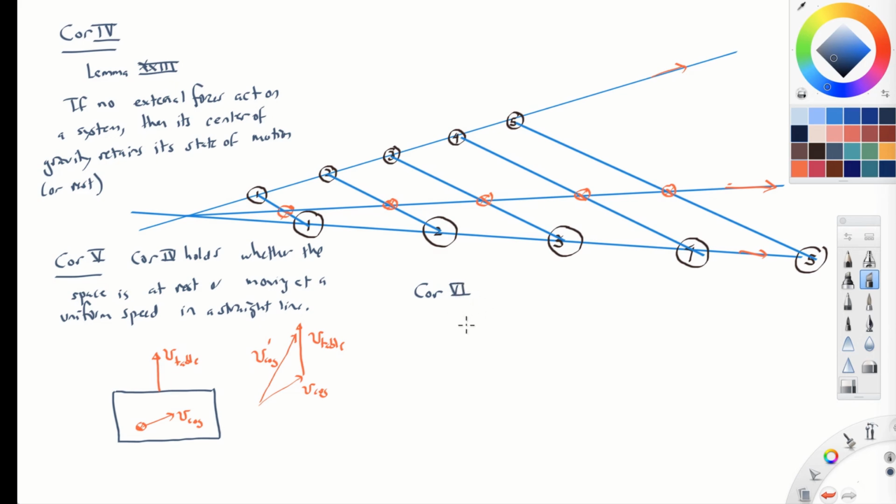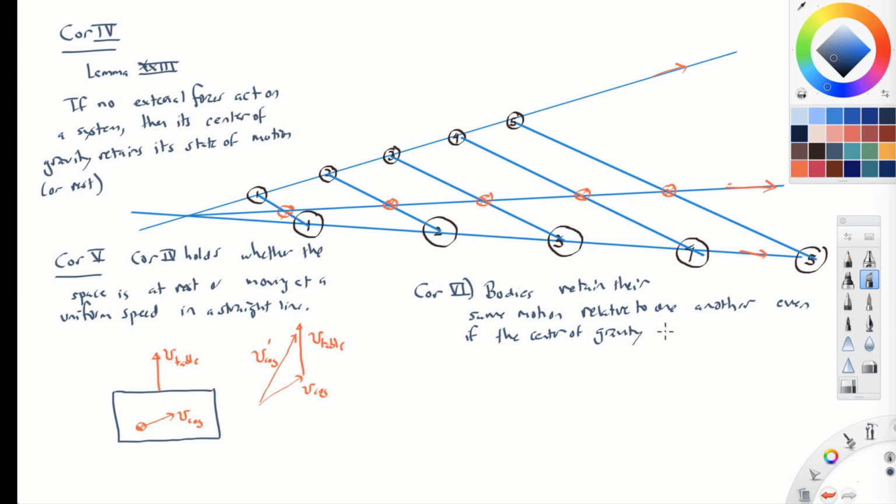Corollary 6 says that bodies retain their same motion relative to one another even if the center of gravity feels an impressed force.